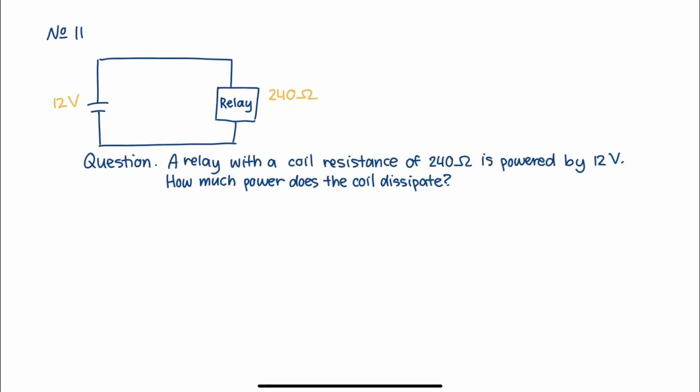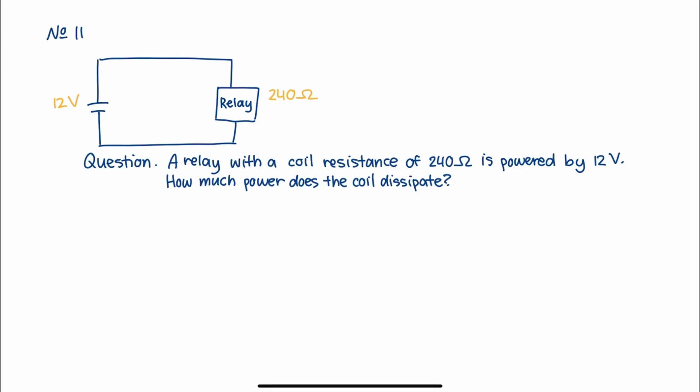In question number 11, we have a simple circuit with a relay box this time. The question says, if a relay with a coil resistance of 240 ohms is powered by 12 volts, how much power does the coil dissipate? So we're going to use a simple formula again. P, which is power, equals V squared over R. Voltage and resistance.